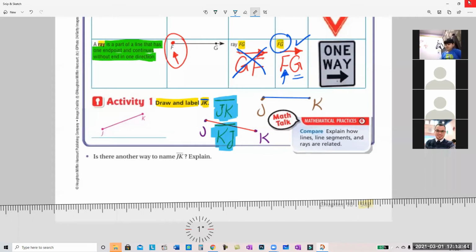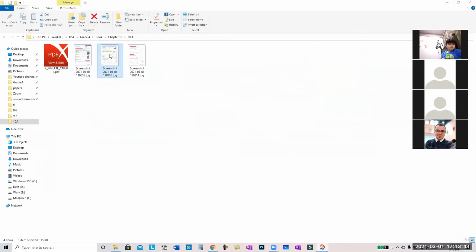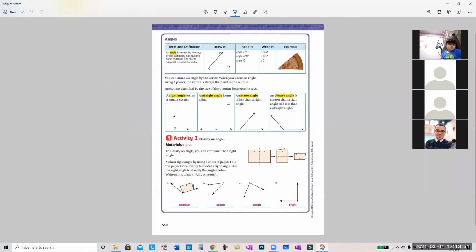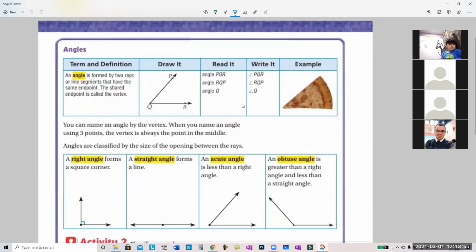Okay, guys, let's move to the next page. In this page, I will show you the meaning of angle. An angle is formed by two rays or line segments that have the same endpoint. The shared endpoint is called the vertex.